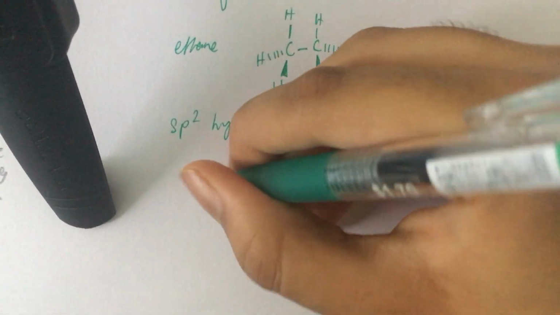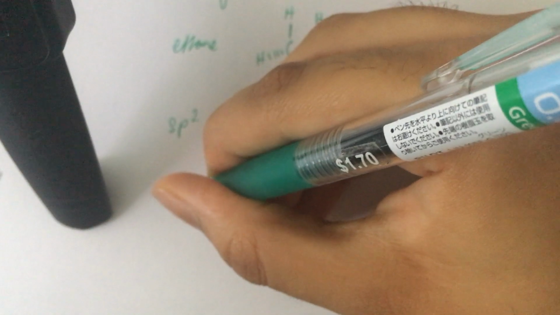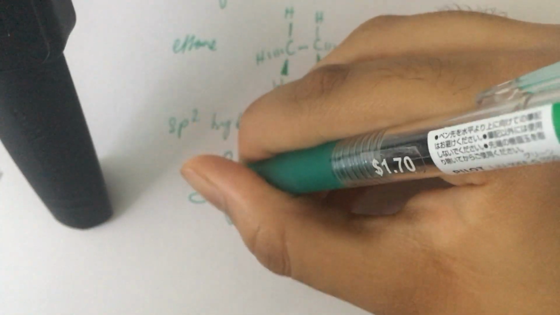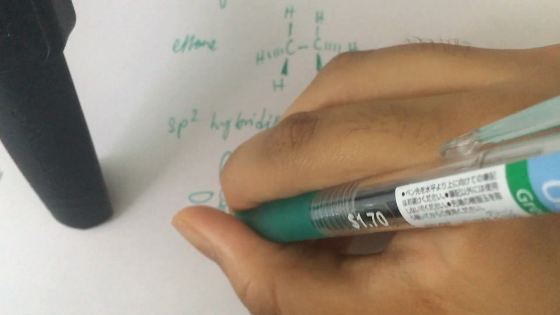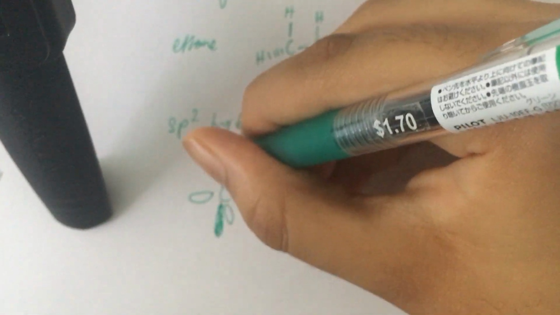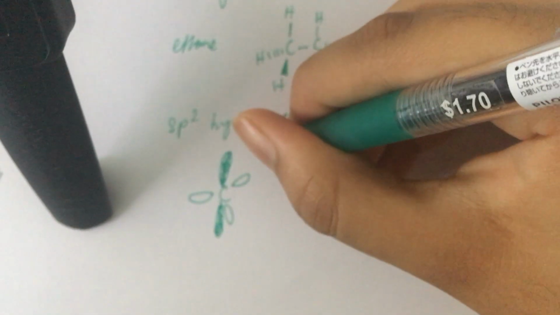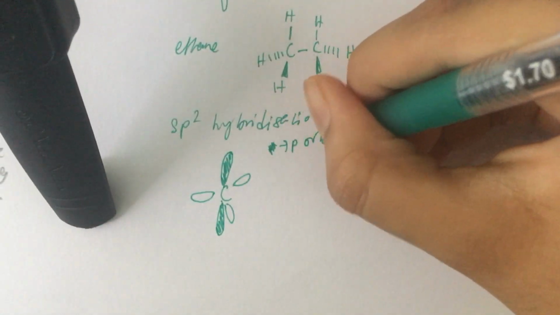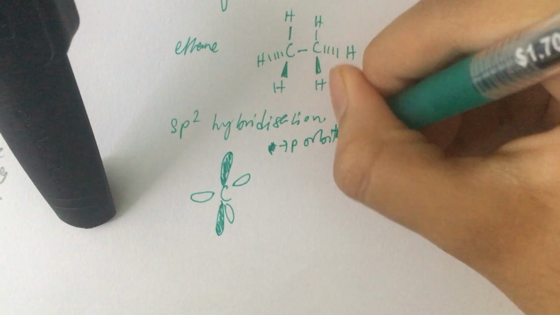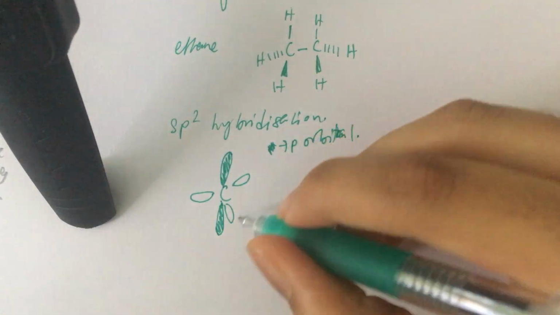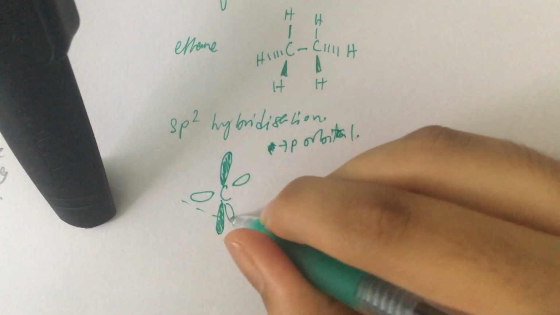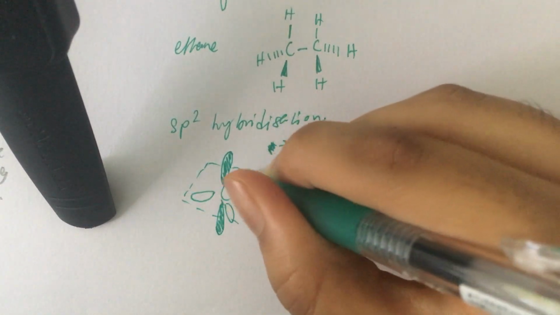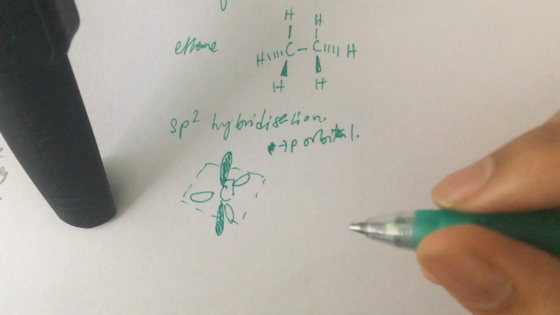So if there's a double bond, it will no longer be sp3 hybridization, so just make sure to take note of that. So in sp2 hybridization, only three hybrid orbitals are formed, and those three are in the same plane, and the last p orbital will be on a perpendicular axis to them. Imagine it like the z axis, and then the other two are in the xy plane.